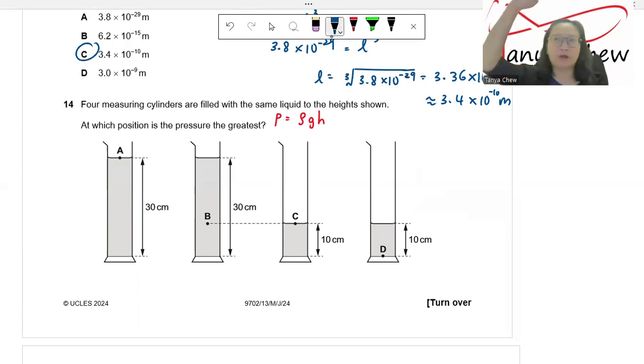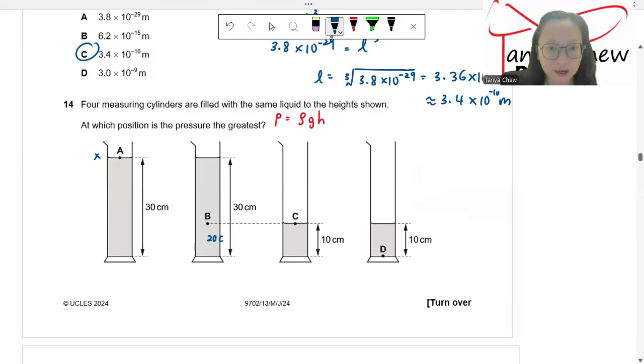A, the length, or the depth of the liquid in the measuring cylinder is 30 cm. But the position is at A, at the surface of the liquid. So definitely the pressure is not the highest because it is at the surface. What about B? B, this is 30. So B, the depth is 20, sorry. This is 30 and this is 10.